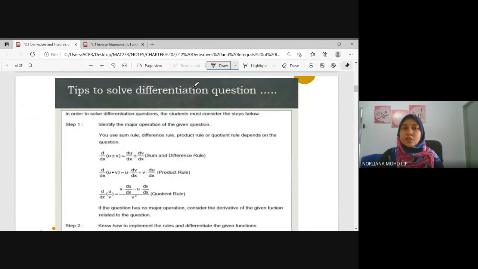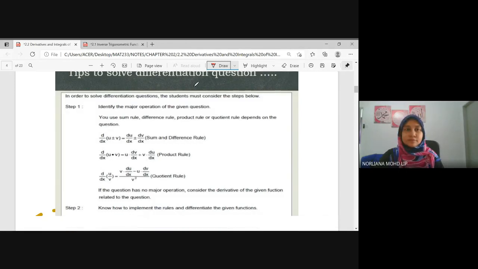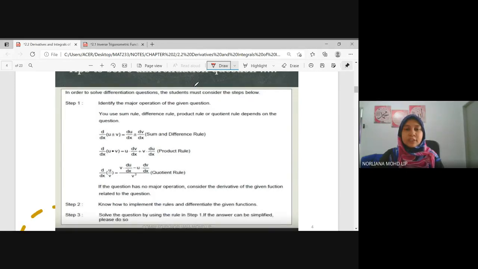Okay, tips to solve the differentiation question of inverse trigonometric function. There are 3 steps. First, in order to solve the differentiation question involving inverse trigonometric function, you have to identify the major operation of the given question.